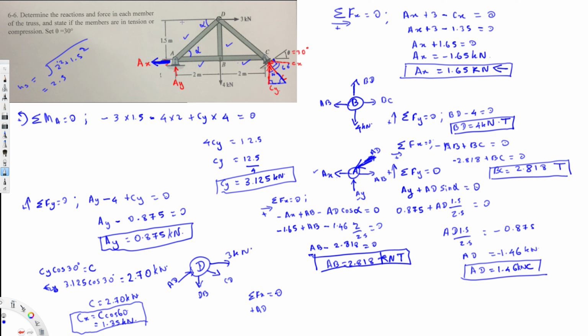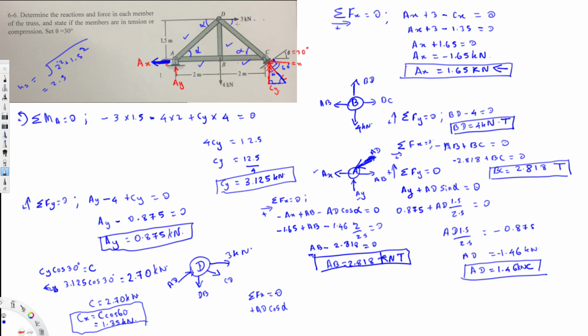So AD cos alpha, and then we have CD. So this is also alpha because same height and the same distance.